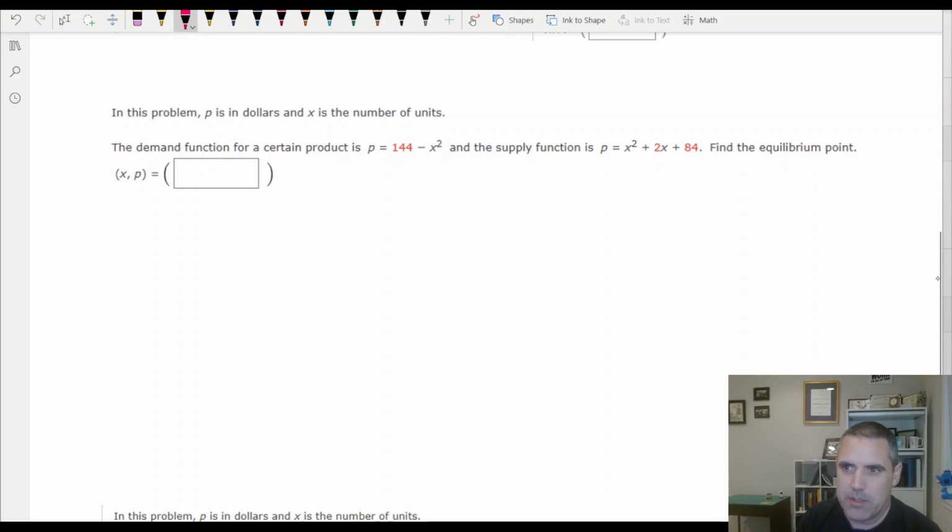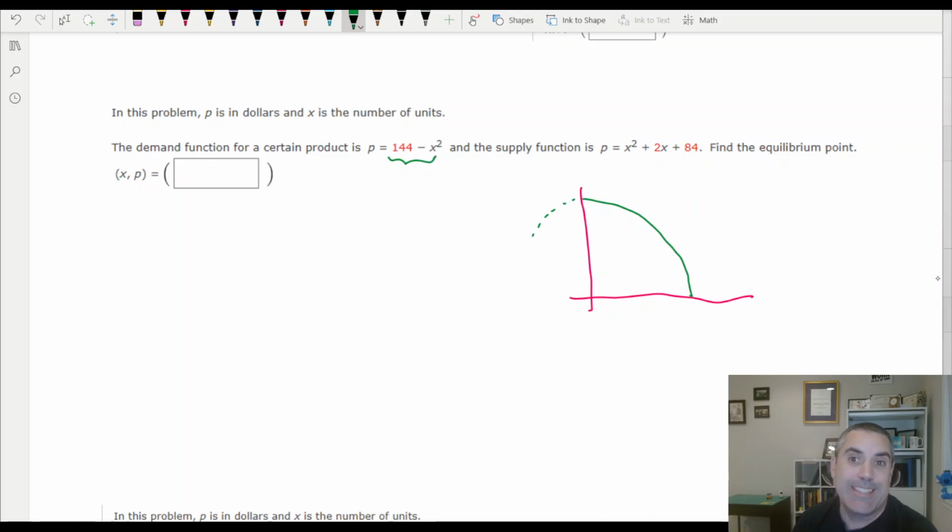Now the parabolas are only going to make sense in the first quadrant. So we have some sort of parabola like this. Sad parabola. It actually goes this way, but we're going to ignore that. That's that one. So that's the demand because it's going down. And then we have a parabola that's going up like this. Okay, so when the question asks you for market equilibrium, you're trying to find this intersection.